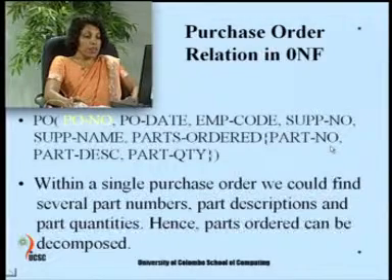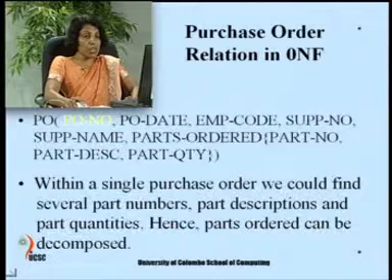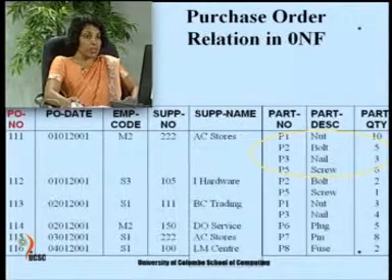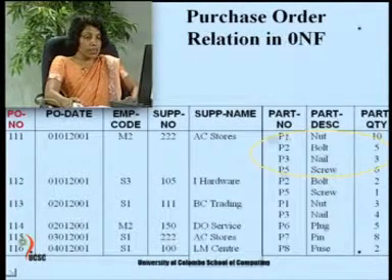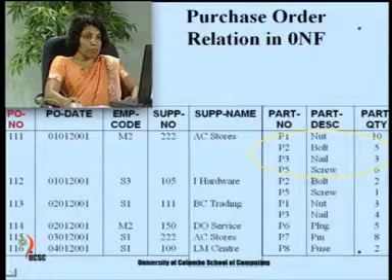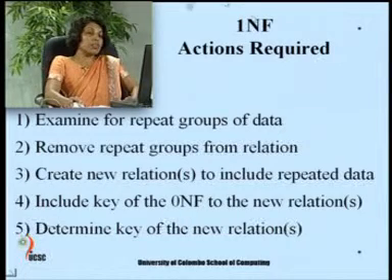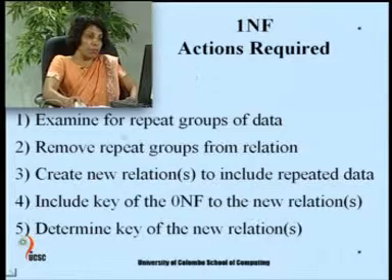So, we can identify that parts can be decomposed. So, we can decompose the parts in this purchase order relation, and so these are the actions required with respect to the first normal form.